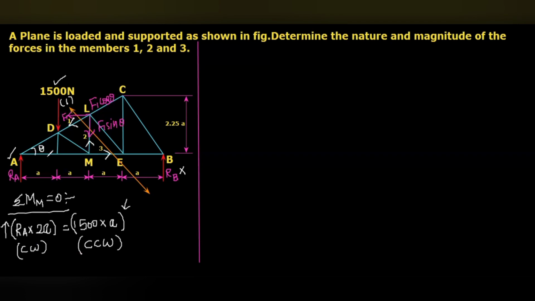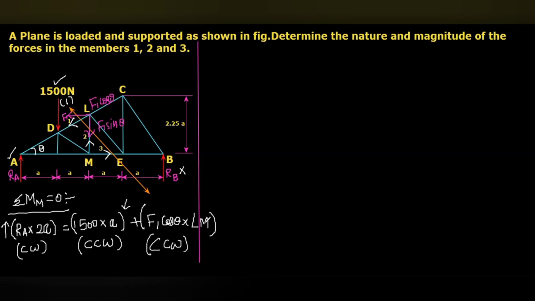Here we calculated LM already, that is 1.5A. If you substitute, and the theta values we know, if you simplify everything, we will get the value of F1 equal to 625 Newton.